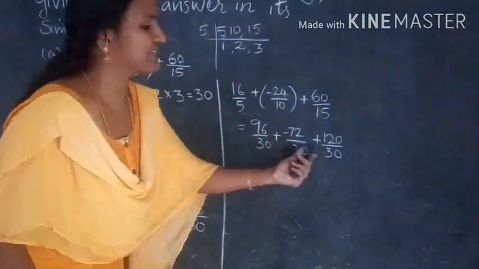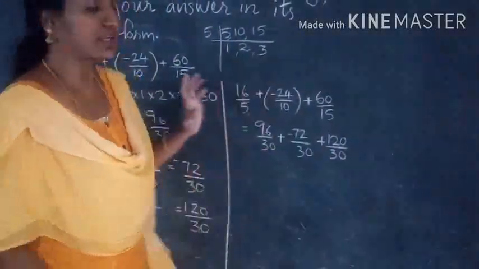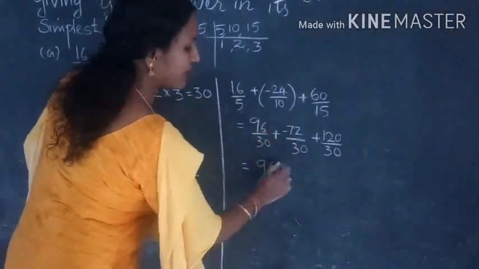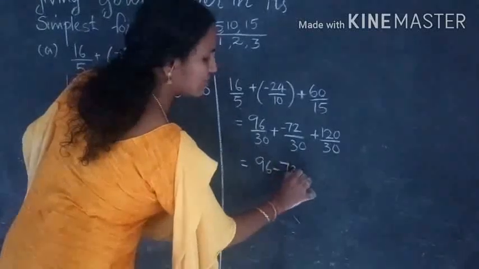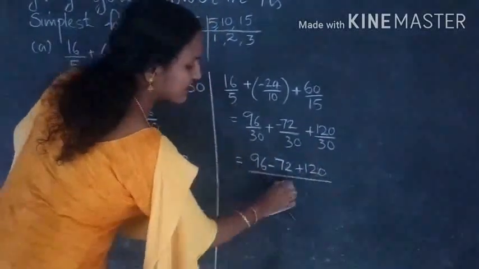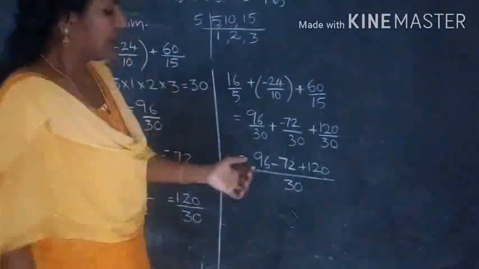Here the denominators are same. So we add the numerators. Is equal to 96 plus into minus, minus 72 plus 120 the whole divided by 30.